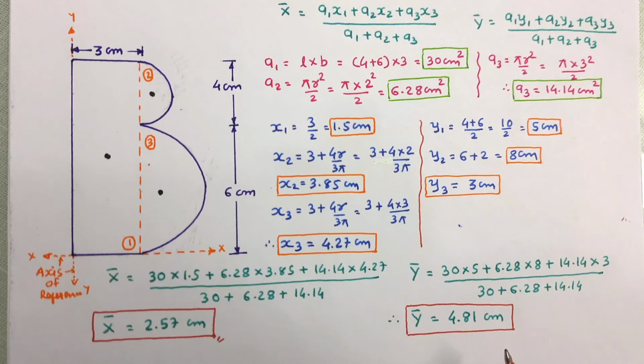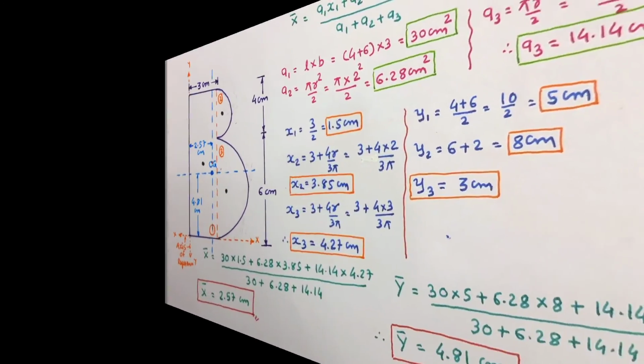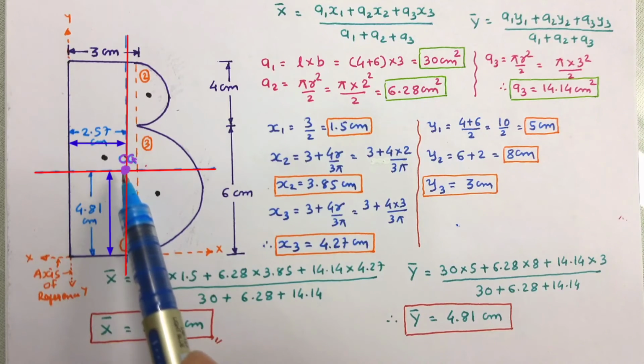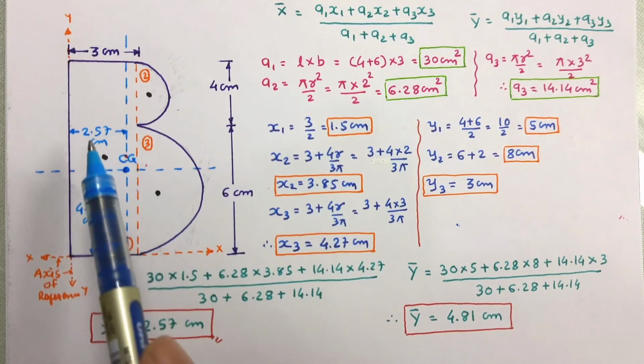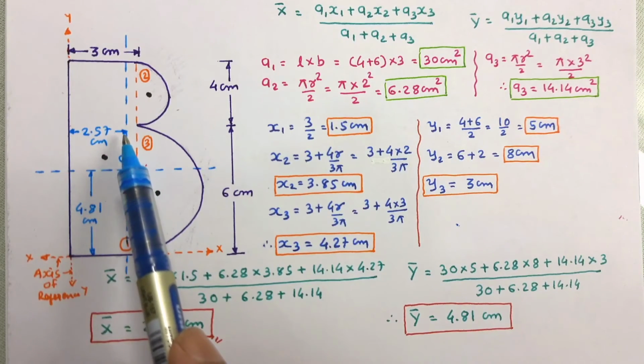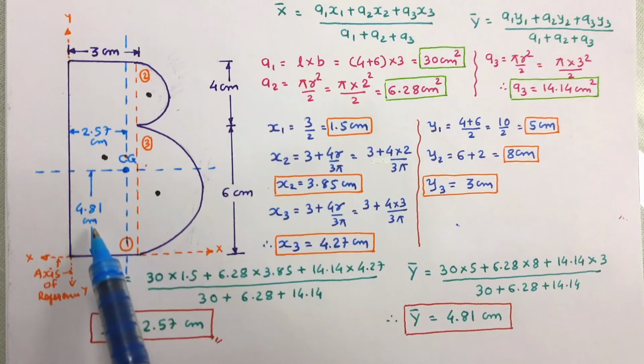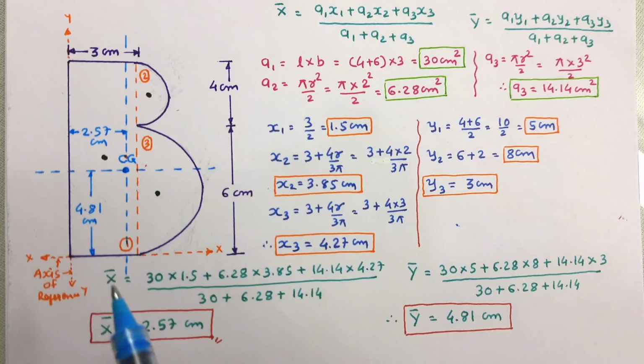Now let us mark the centroid in the figure. So this is the centroid of the figure, which is at 2.57 centimeter from the reference y-axis and 4.81 centimeter from the reference x-axis. This way we can solve such problems.